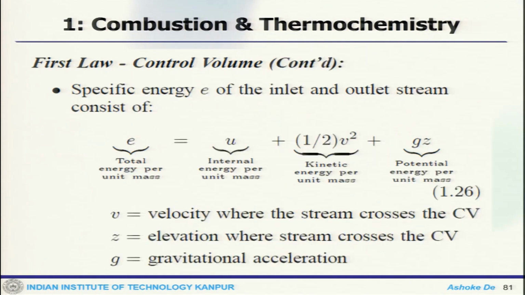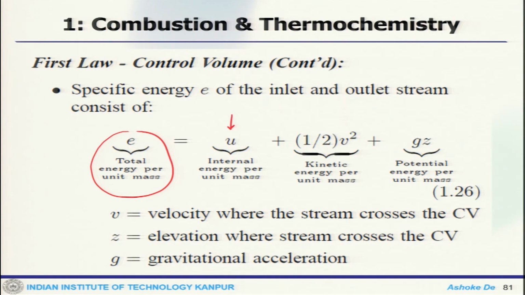Now, we can use the specific energy for the inlet and outlet stream. As we have seen, the total specific energy per unit mass will have one component from the internal energy.